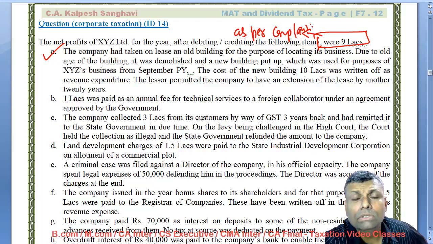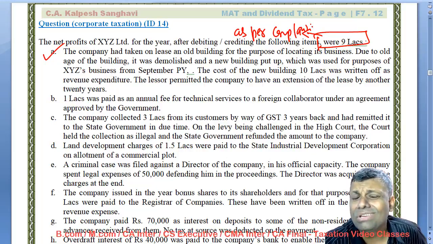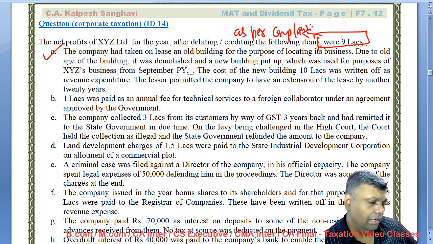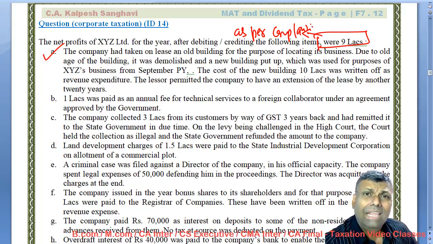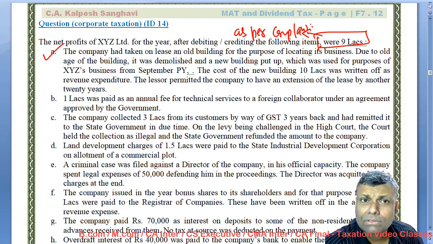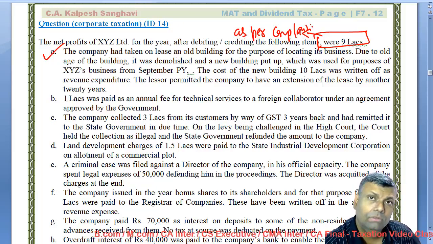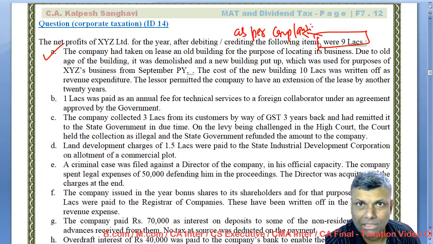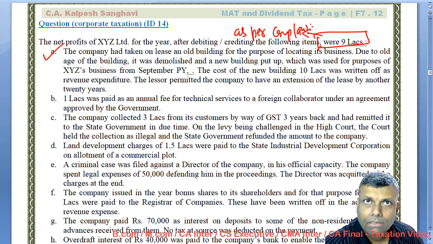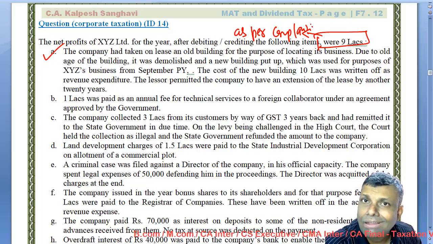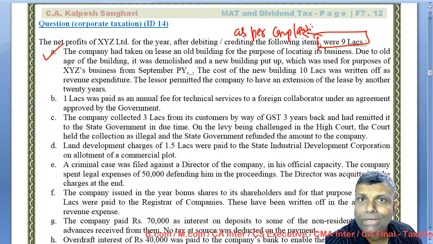That means if there were some debits which were absolutely in violation of the accounting standards, or if there were any adjustments in the books of accounts which were absolutely against the accounting principles, those things you can catch very quickly. But as long as your accounting principles are complied with and followed properly, no need to touch the figure of 9 lakhs.